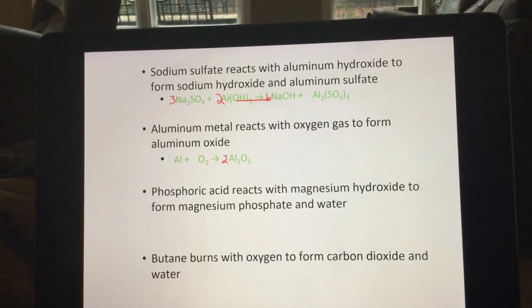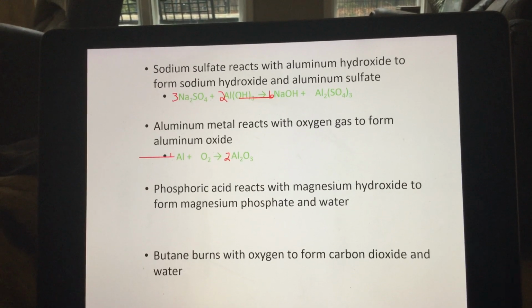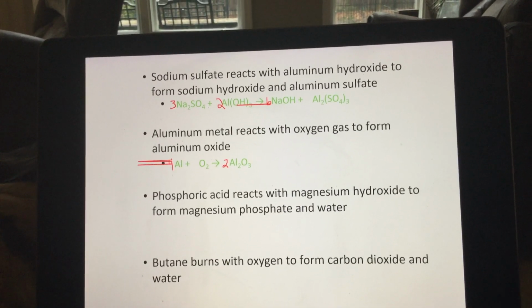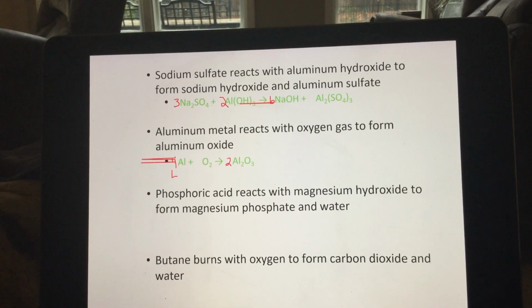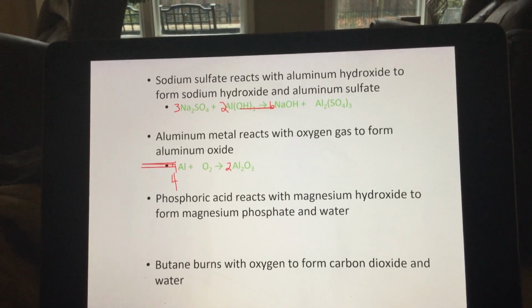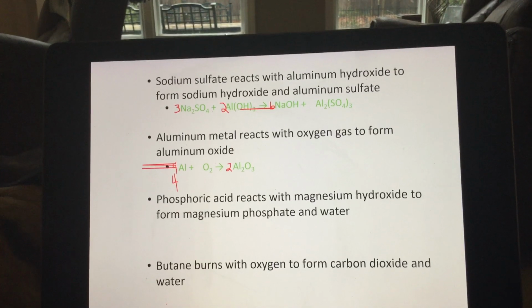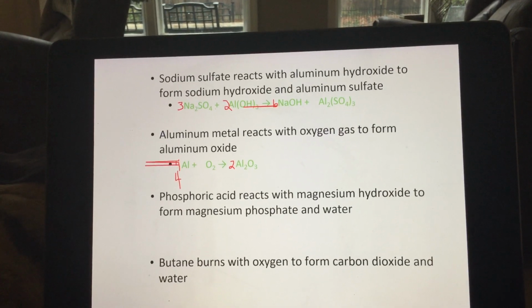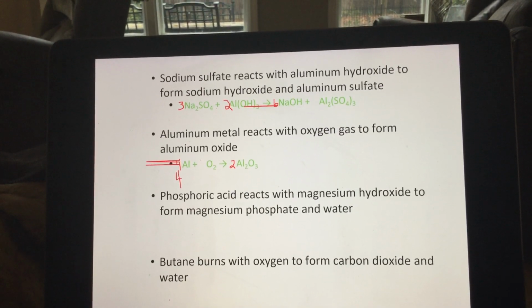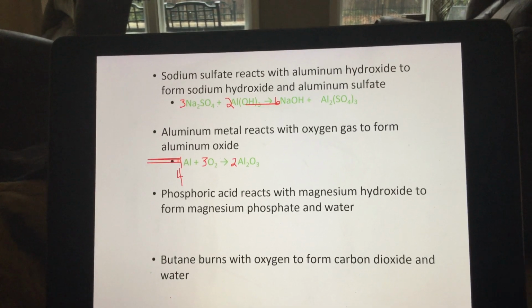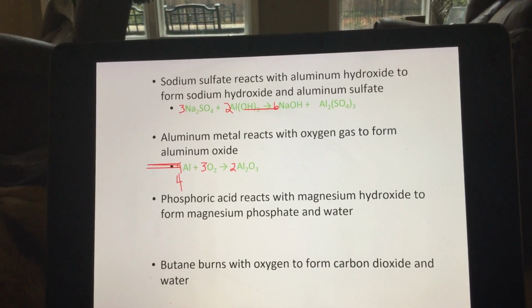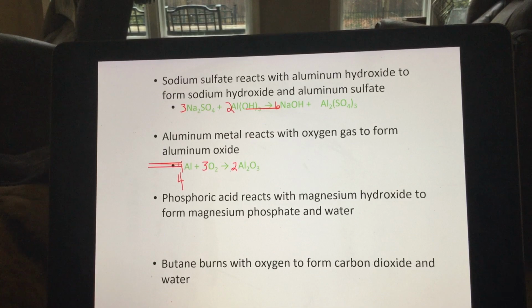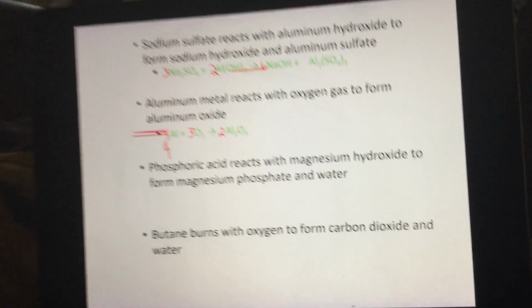And now we have 4 aluminums. There we go, 4 aluminums. And now we can finish up with the oxygens, which we have 6 oxygens, so I'll put a 3 out here. And again, that is our lowest whole number ratio of a 4, a 3, and a 2, so we can't reduce that anymore.